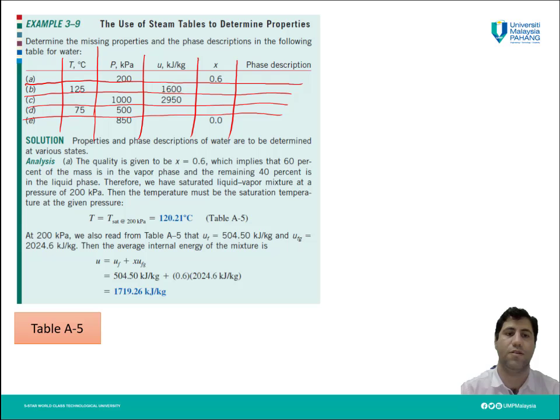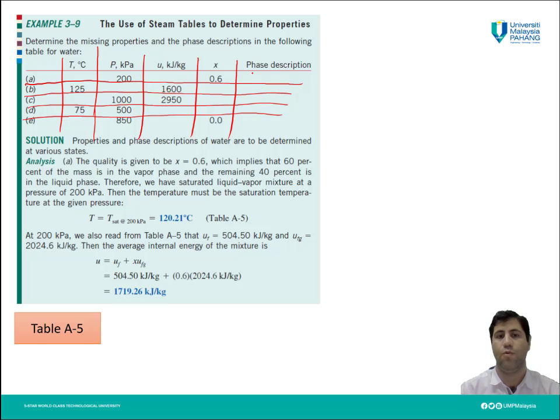So here in part A, we don't know how much is temperature, but we have the pressure. We don't know how much is U, but we have X as the quality. And also for state B, you can see we have temperature, but we don't have pressure. We don't have quality, and we don't know the phase of the water at this state, and so on.